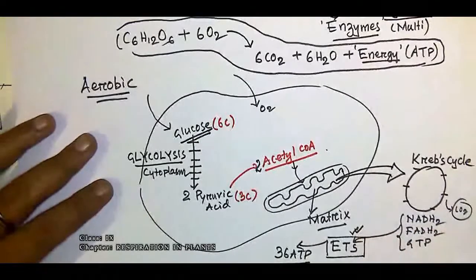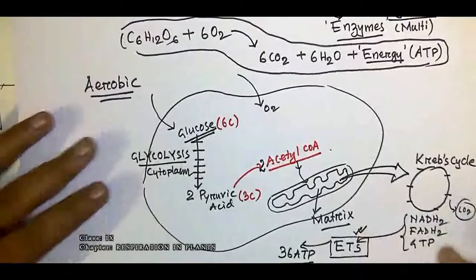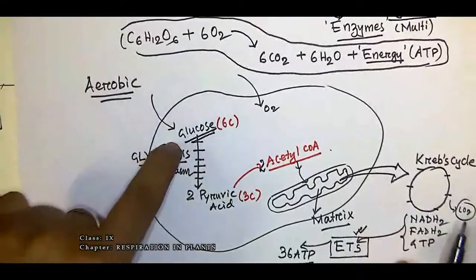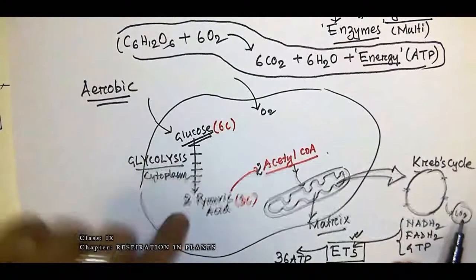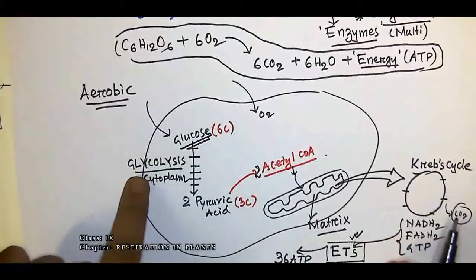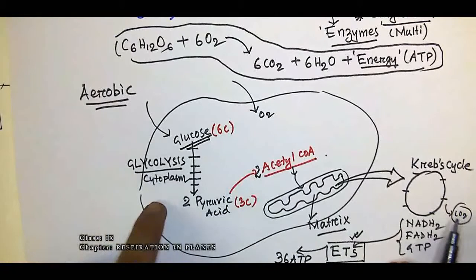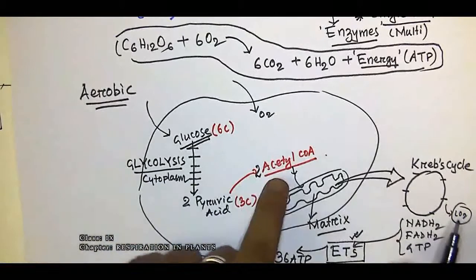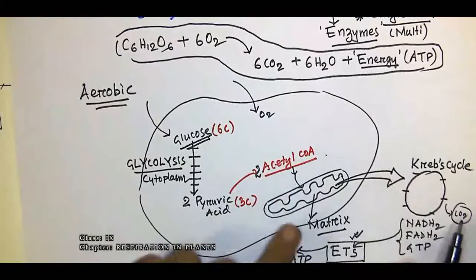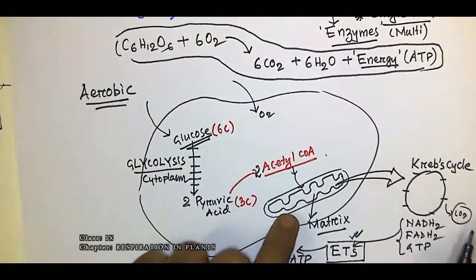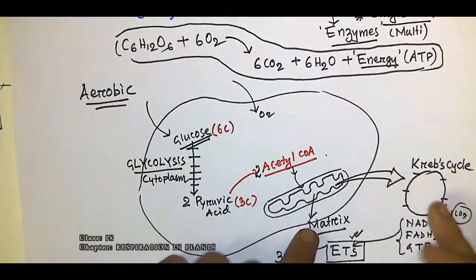Now, the point that you need to understand here is that after glucose enters inside the cell, two molecules of pyruvic acid would be formed by the first process, which is called glycolysis. After that, this pyruvic acid will get converted into acetyl CoA, and these acetyl CoA eventually will enter into the mitochondria, that is in the matrix. The Krebs cycle is going to occur using specific enzymes.